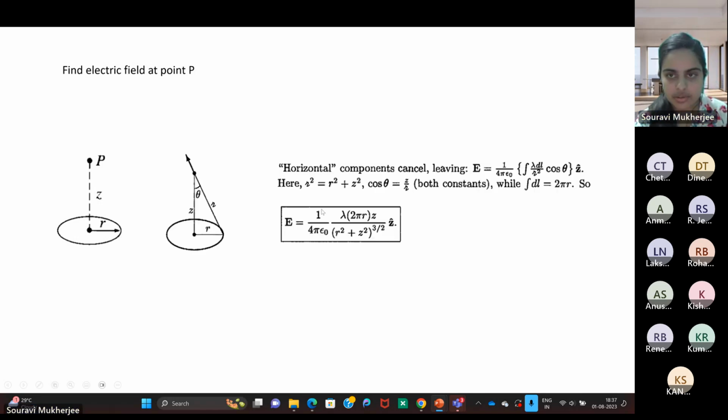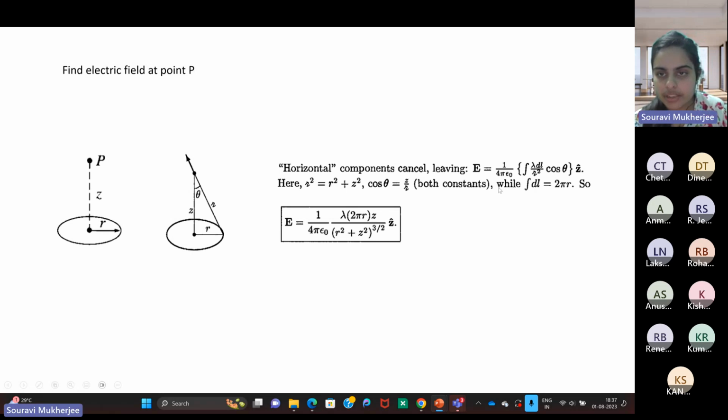Suppose some line element here is given as lambda dl. And how will your r change? Your r will change as root of z square plus r square, where this r is the radius of your circle or ring.